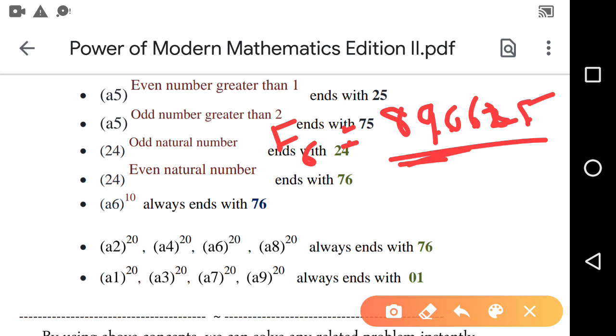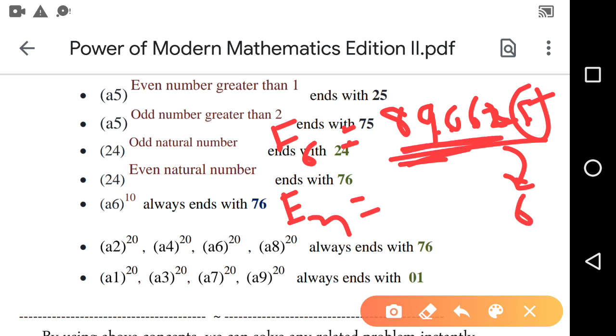Now friends, similarly from this we can generate even neutral numbers. For an even neutral number, subtract the last digit from 11 and all the other remaining digits from 9.